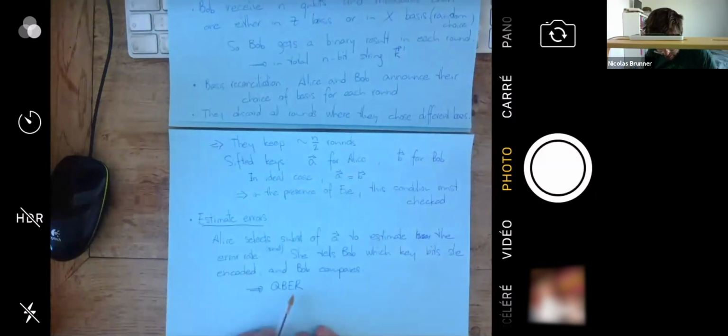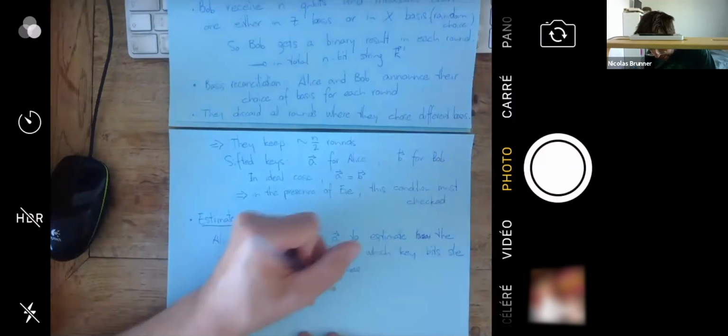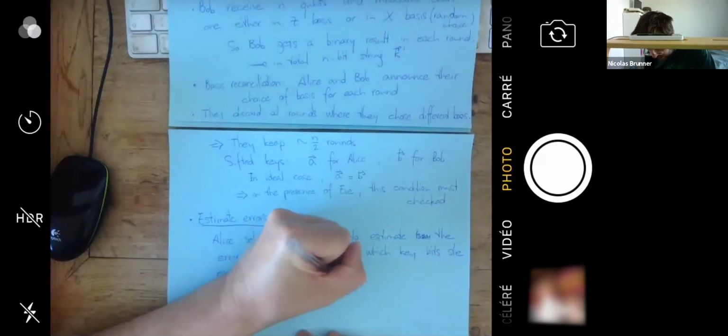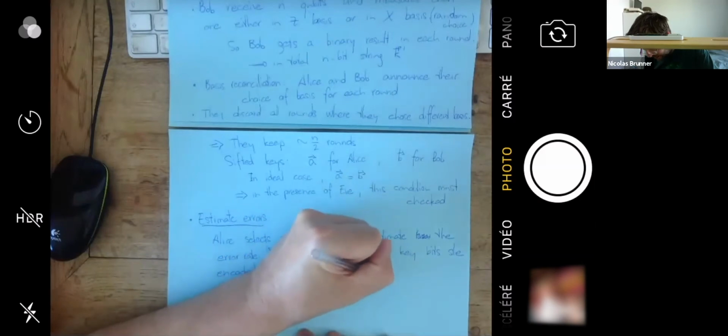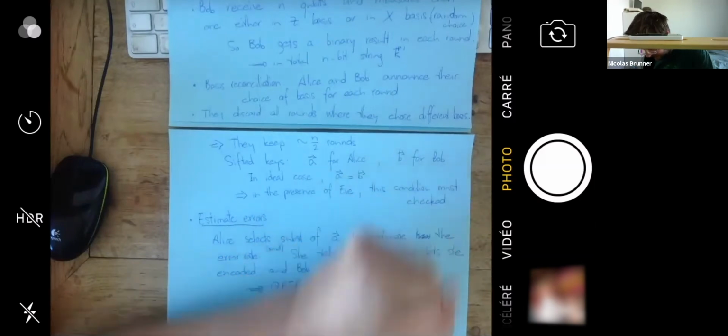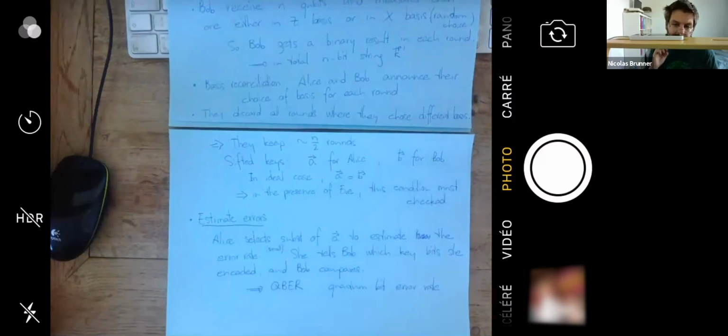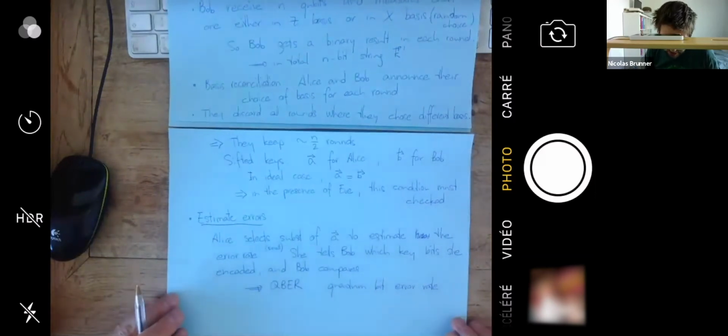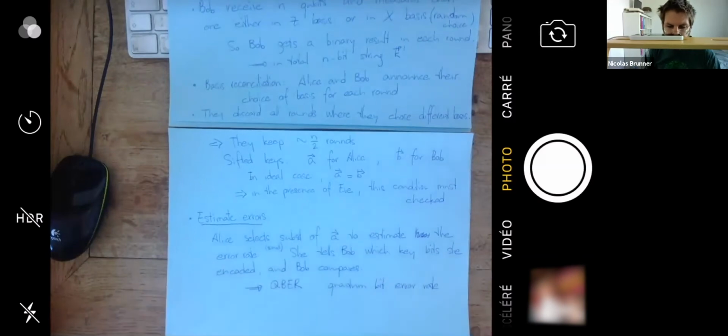This is a quantity that we call Q bar, for quantum bit error rate. This gives an idea of how good the transmission of the qubits from A to B was.